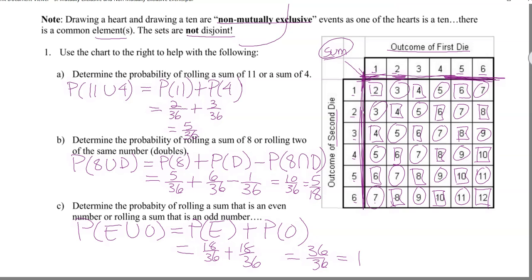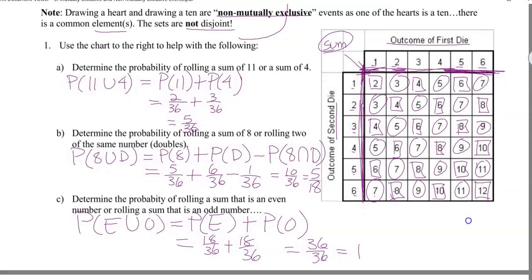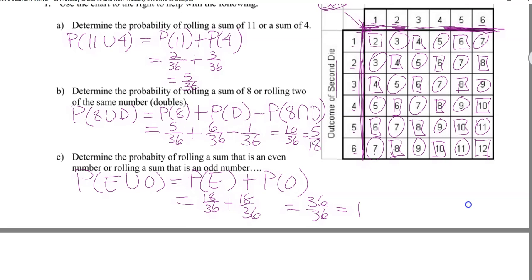So there is a 100% probability of getting a number which is either even or odd. I mean, think about it, that's all you can get. Numbers are either even or odd. There's no other type of numbers.